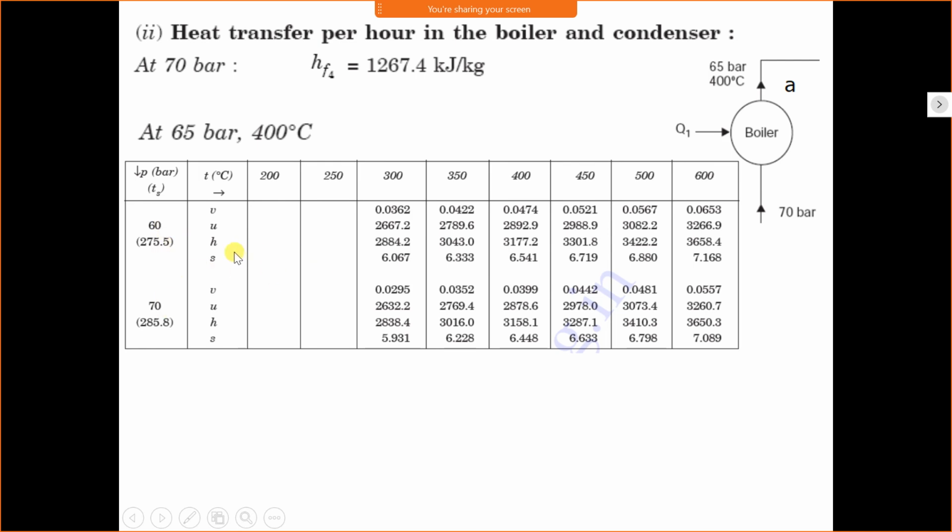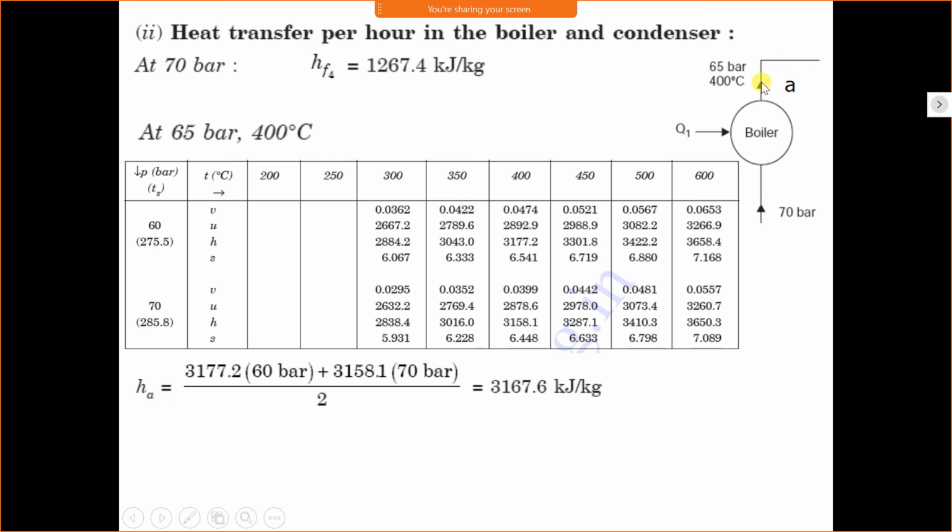Now the enthalpy of steam at 60 bar and 400 degrees Celsius is 3177.2 and at 70 bar is 3158.1, and we have to take the average of these two values, that is (3177.2 plus 3158.1) divided by 2, which is 3167.6. It is the enthalpy at this point A.